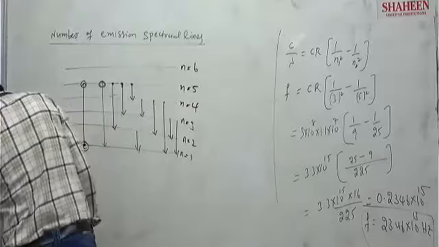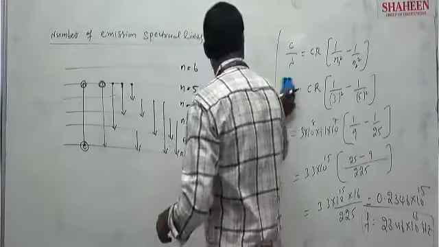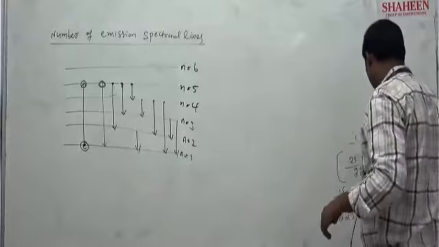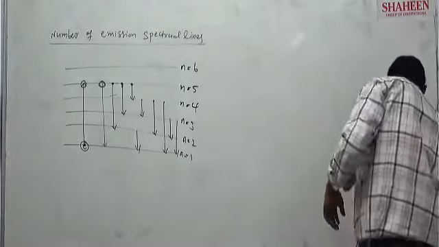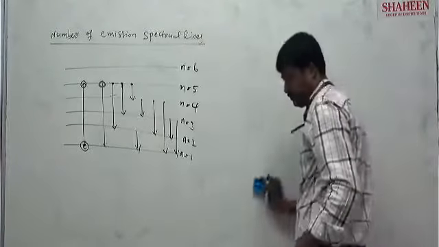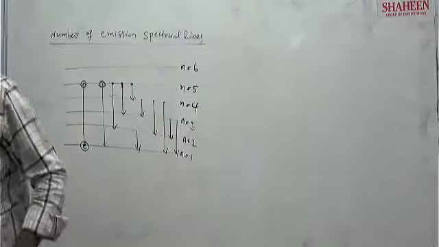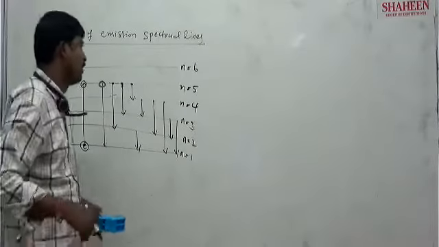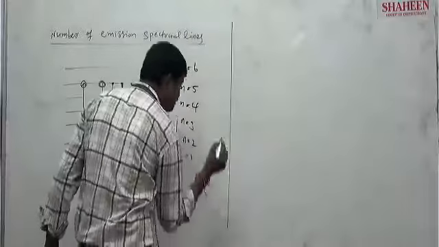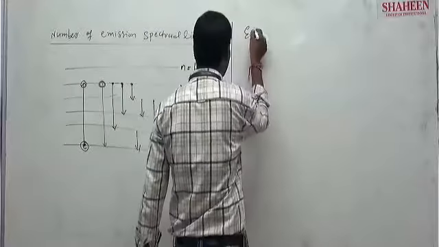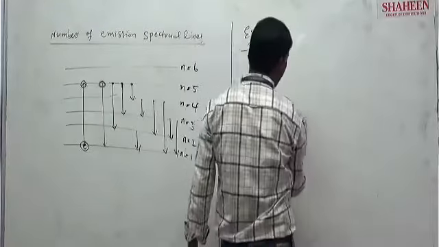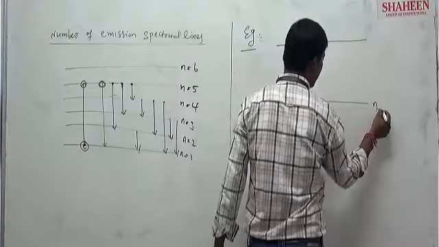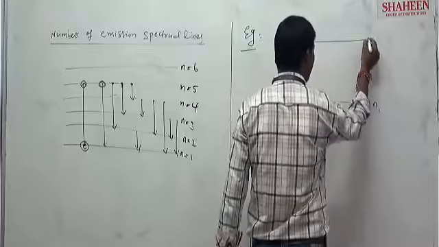So generally it can be counted by a formula. What is that formula? Let us see. Look here. For example, I am generalizing. An electron makes a transition from N1 to N2.